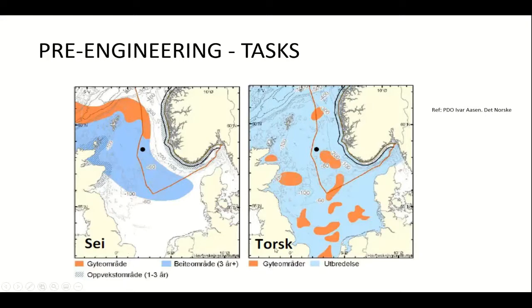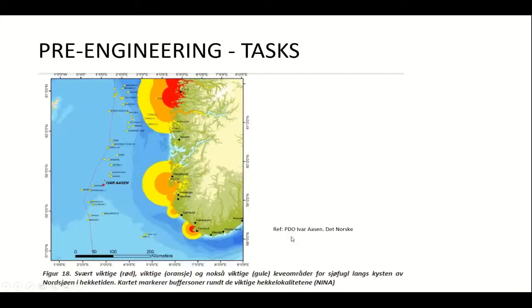We have two species, sei and torsk, and it shows, depending on where the field is located and how it is located with respect to areas where they lay the eggs, where they grow, where they roam, how it is going to impact the life of that particular species. Torsk is cod in English.